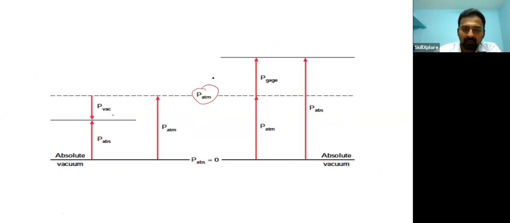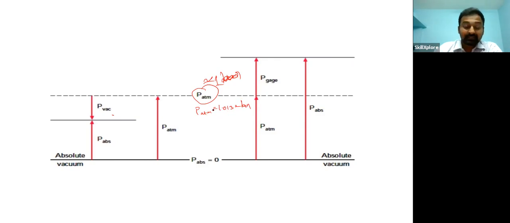We all have an atmospheric pressure of 1 atm, approximately 1 bar. To be precise, 1 atm is equal to 1.0132 bar. This is the pressure which is already in our environment.